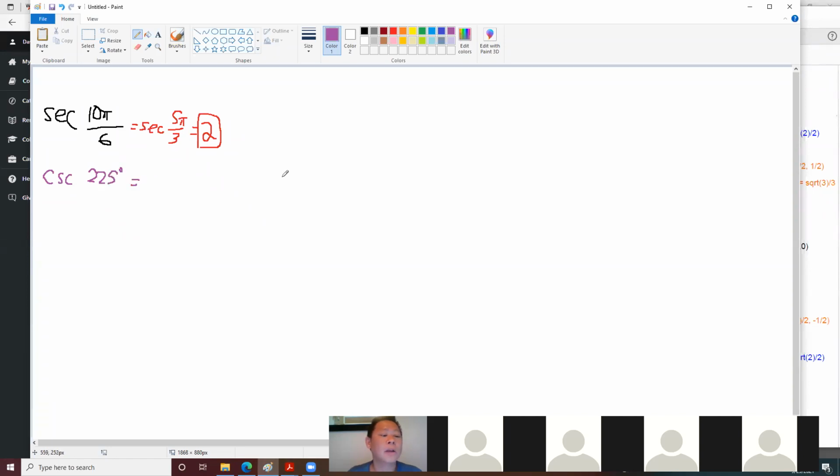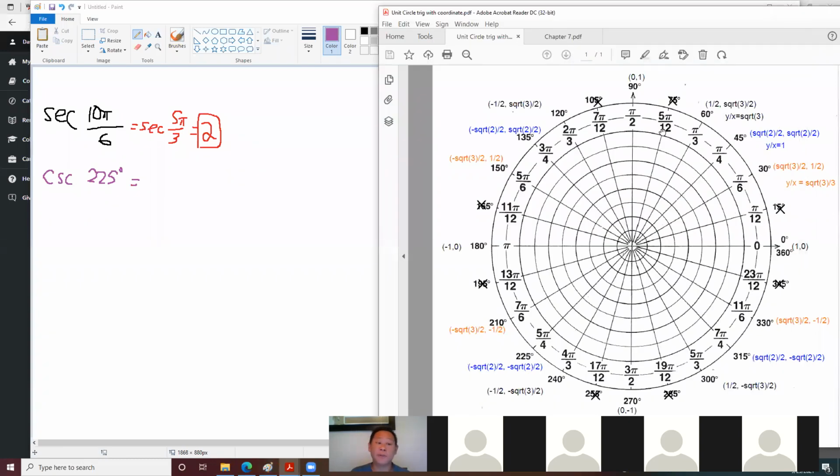This is degree. So not necessarily everything has to be in radian. It can be degree too. So make sure you guys know the difference between radian and degree here. So can someone tell me what is cosecant 225 degrees?